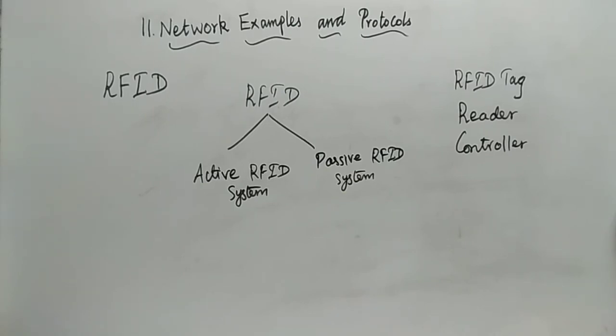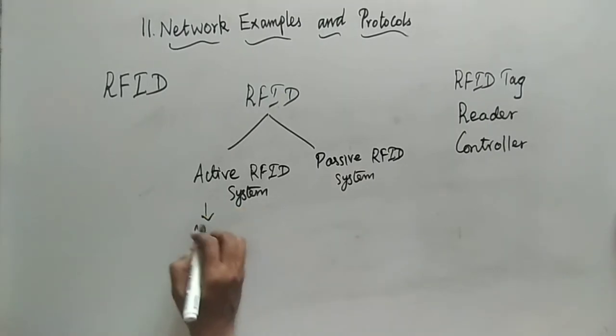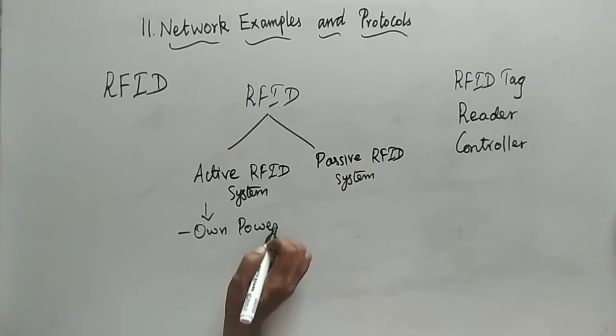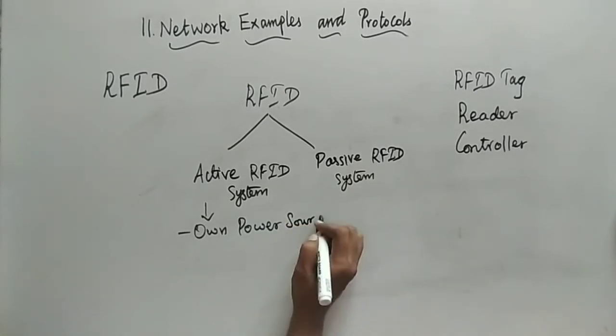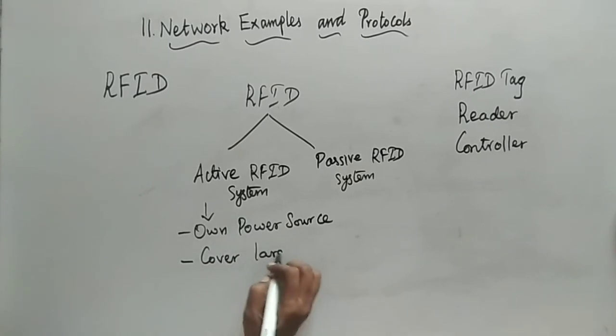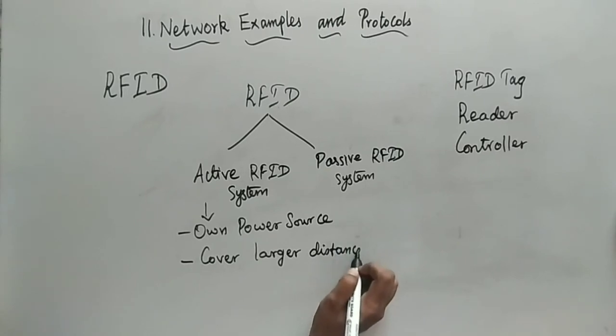So what does active mean? It is going to have its own power supply, its own power source. By means of this power source, it is able to cover larger distance. So where is it used?